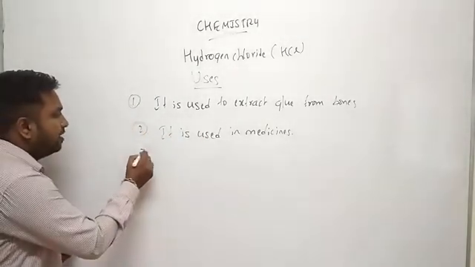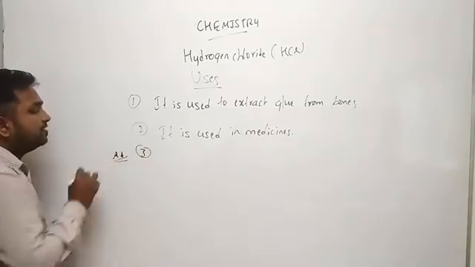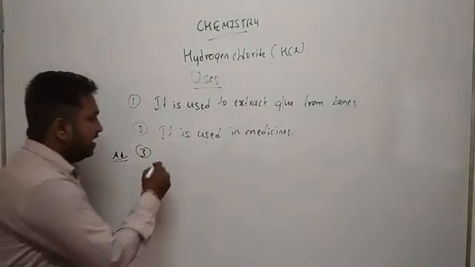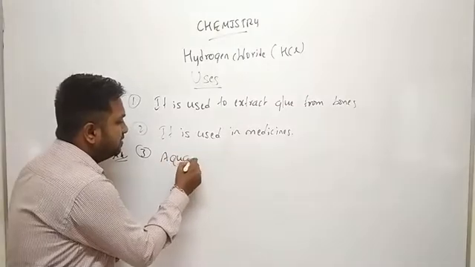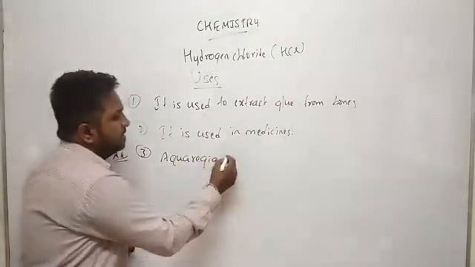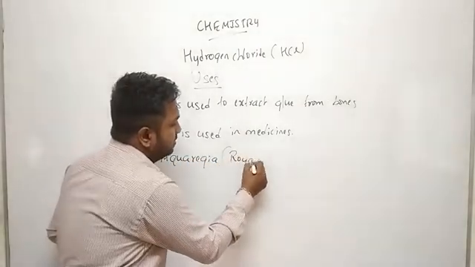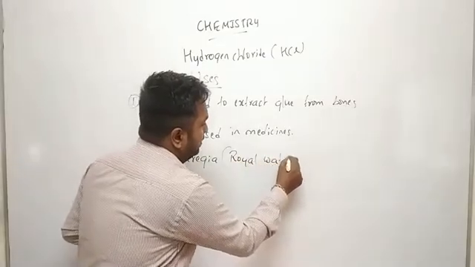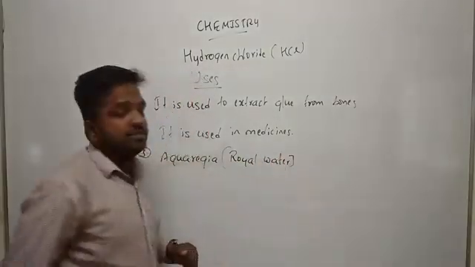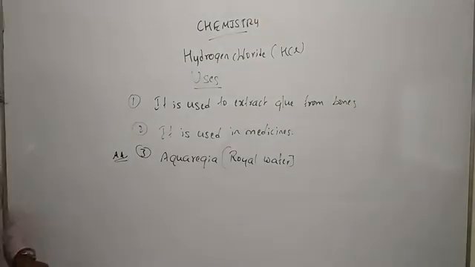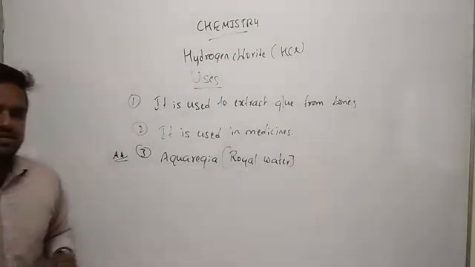And the next important use from the point of view of board examination is aqua regia. It forms aqua regia. It's also known as royal water. So now, what do you mean by aqua regia?